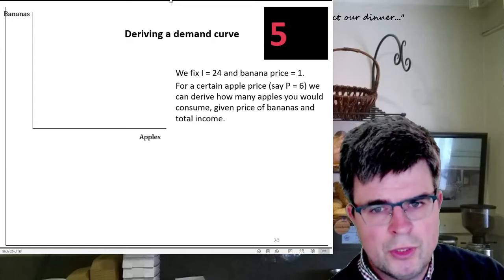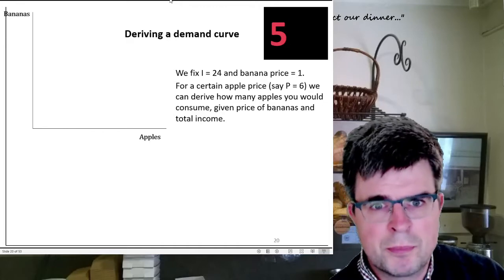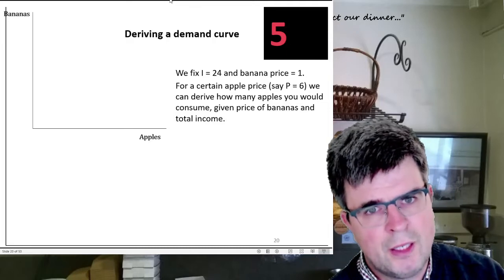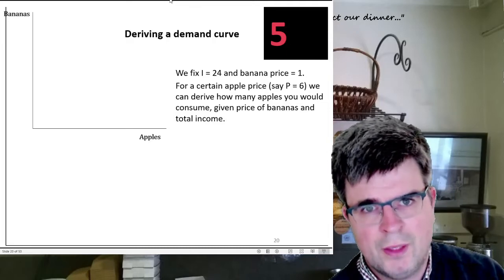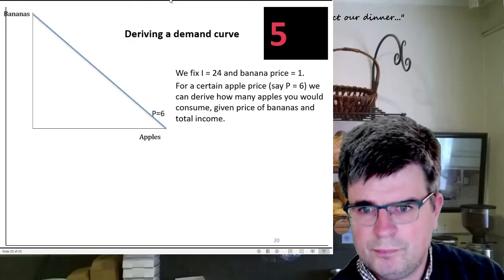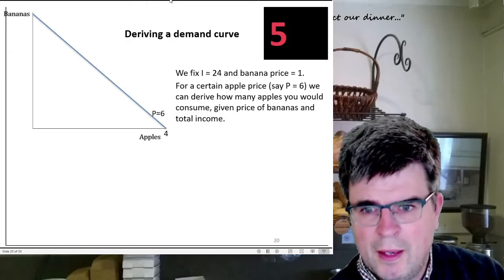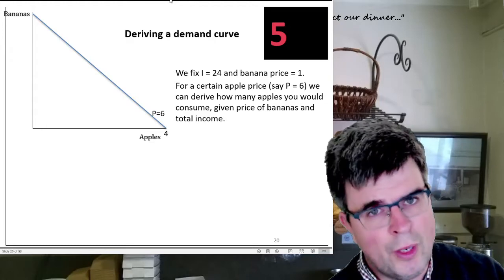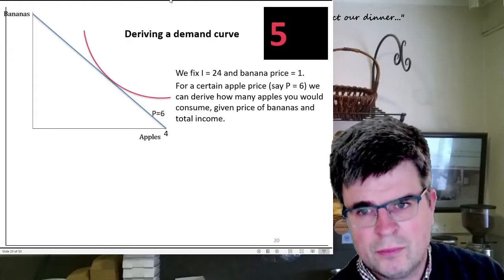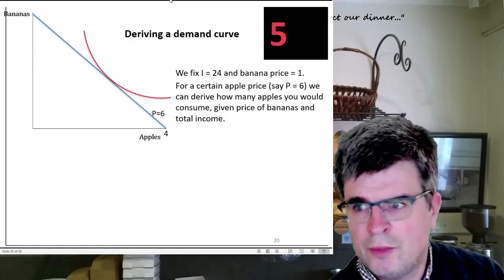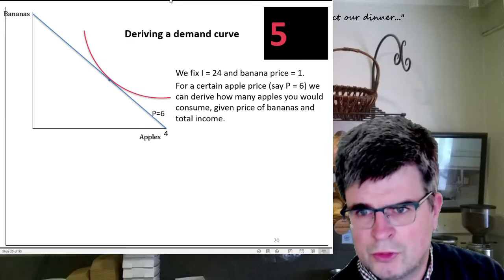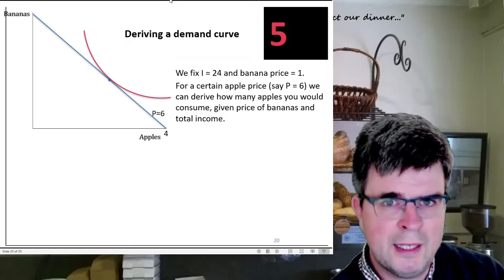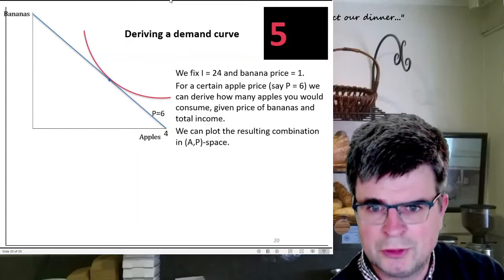So for a certain price of apples, and we start with a price of 6, we can derive how many apples the person would consume given the other things like the price of bananas and income. So at a price of 6, if the person would spend his entire income on apples, he could buy 4 apples. And he may have an indifference curve of the following form, and we have an optimal consumption bundle, which gives us an optimal consumption of bananas and apples, but we're only interested in the apples here.